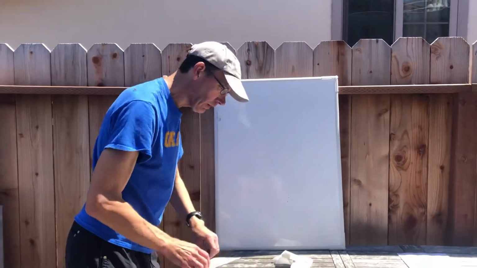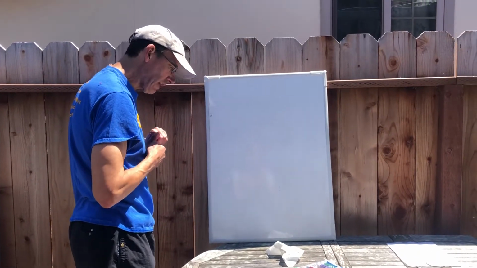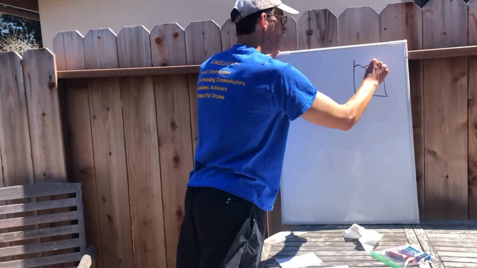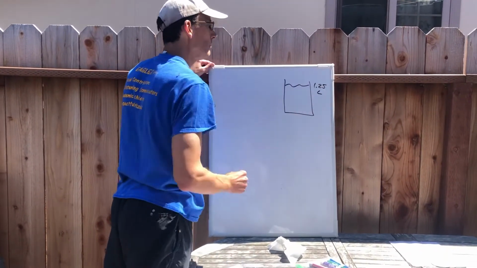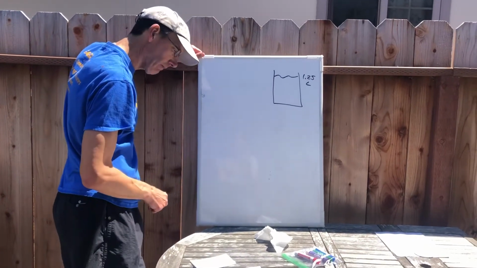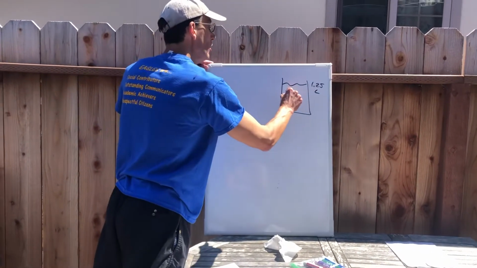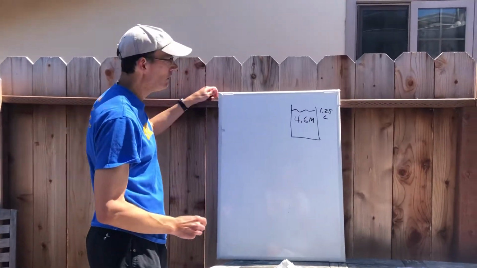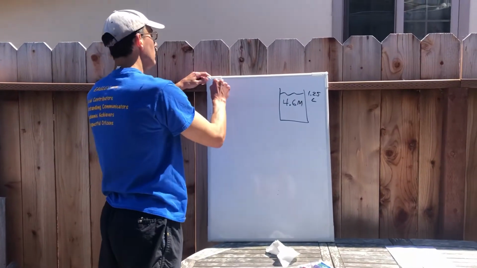Next one, you're going to make a 1.25 liter solution of 4.6 molar. So we know the molarity of the solution, and it's potassium nitrate.